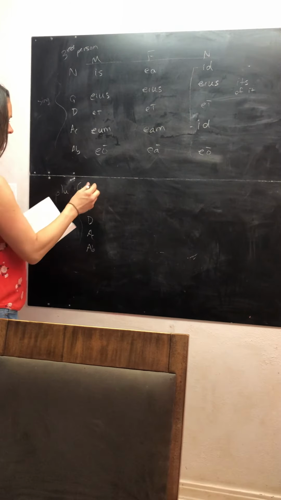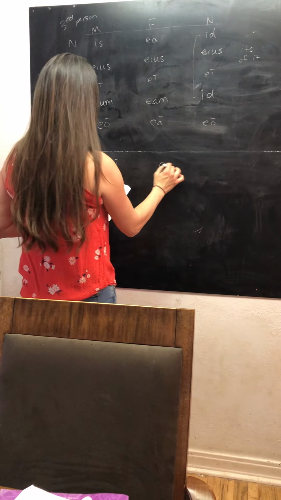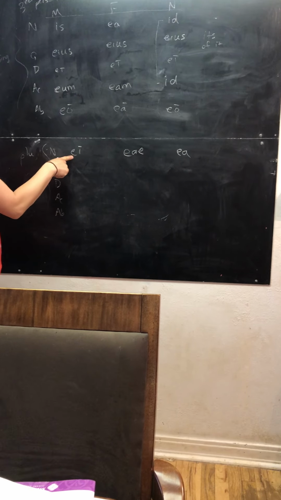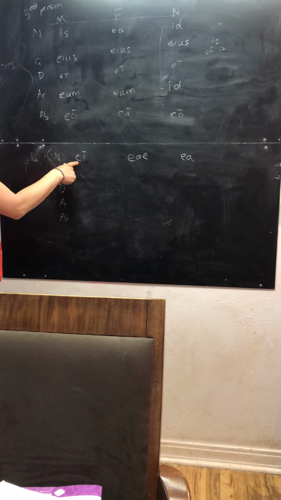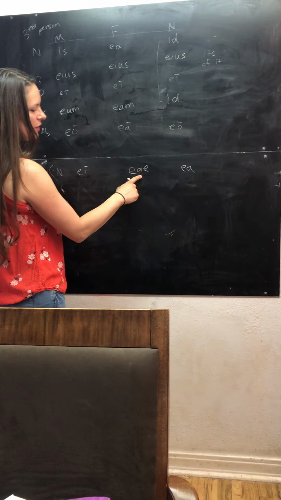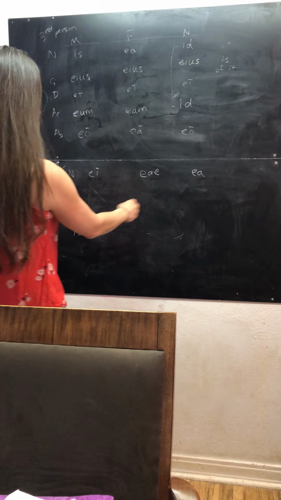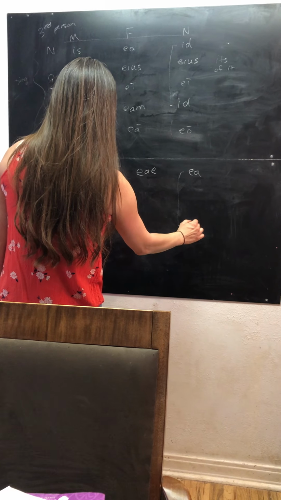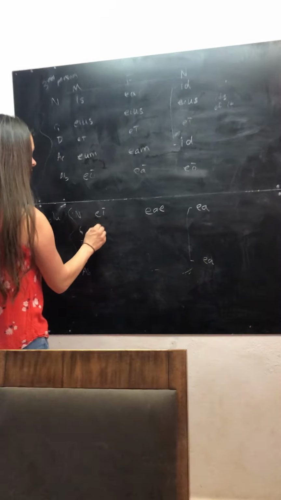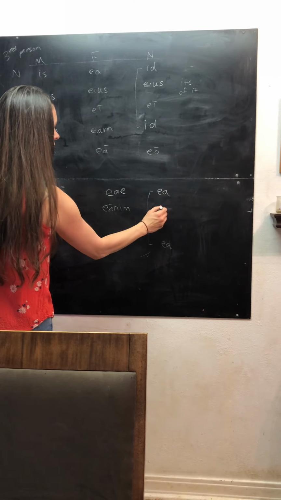Now the plural kind of follows the first and second declension endings. Ii, eae, and ea. Like the second declension, the masculine nominative plural is the i ending. First declension plural, and then the neuter rule, right? This has to end in a, and then the accusative is also going to be ea, according to the neuter rule. Eorum, which should look familiar, earum, eorum.